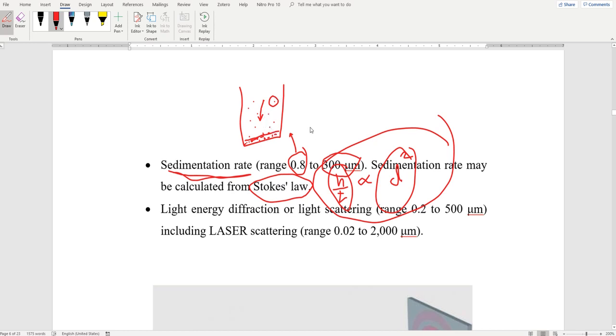Okay, what about why not over 300 micrometer? Now, if the particles are large and they want to sediment, they will create turbulence around them while they are sedimenting. For example, you are standing on the road and there is a big, speedy truck coming in front of you, very fast.